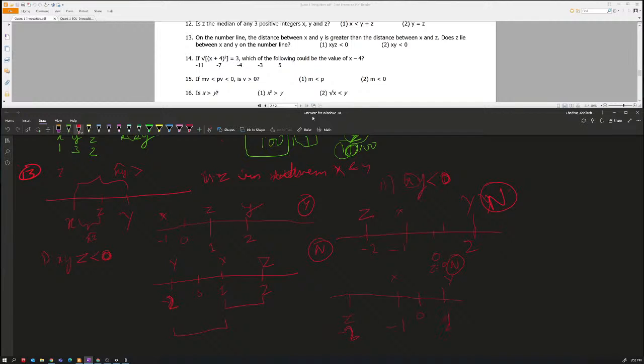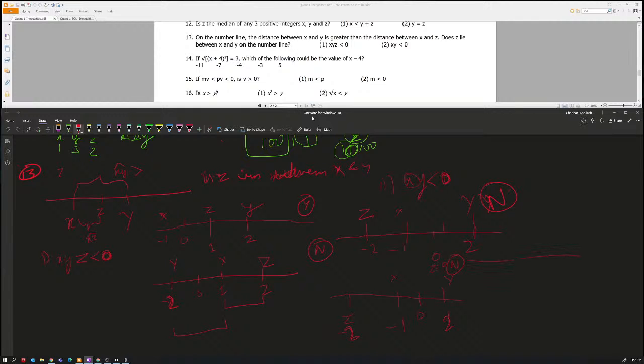This creates a problem, because this condition says that these both have to be opposite sign, which is okay here, but this condition says that the multiplication of all three should be negative. If you see the multiplication of all three, it's not negative because minus minus equals plus.